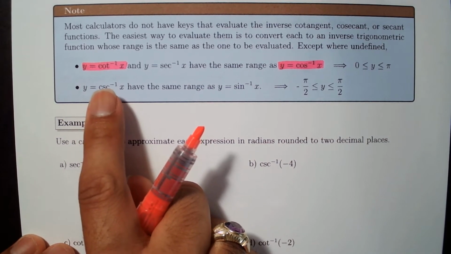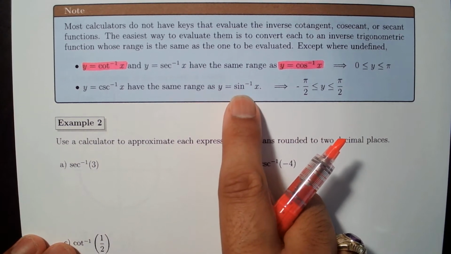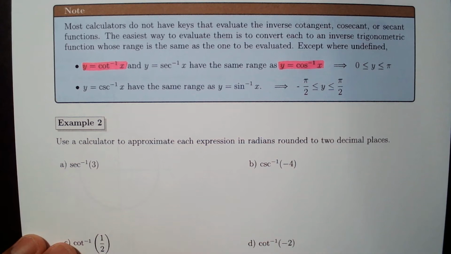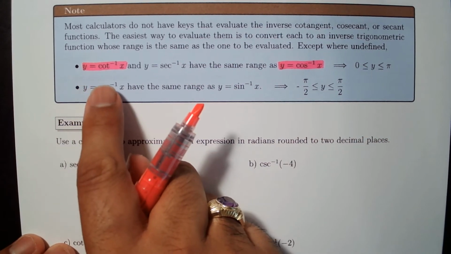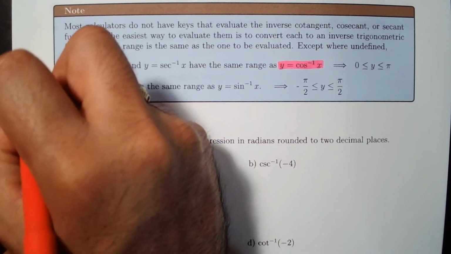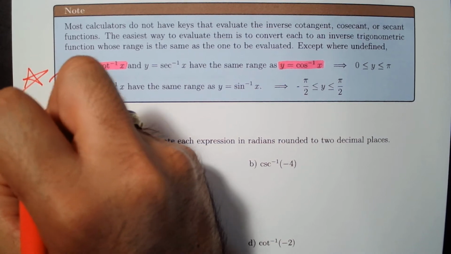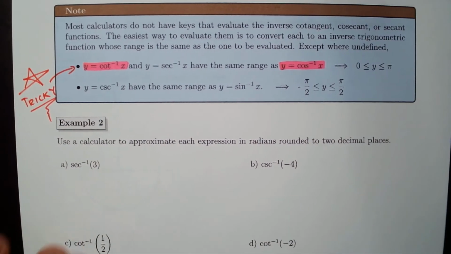To evaluate inverse cosecant, we convert to sine inverse and evaluate using the calculator. But the one that is going to be a little bit trickier is the cotangent inverse. Let me put a note here: trickier.